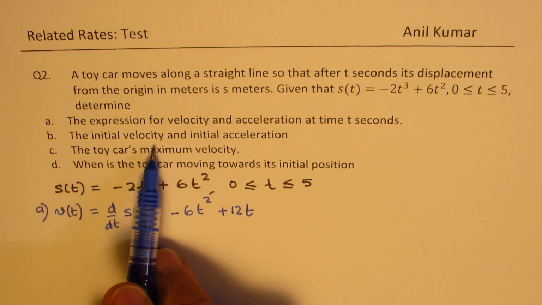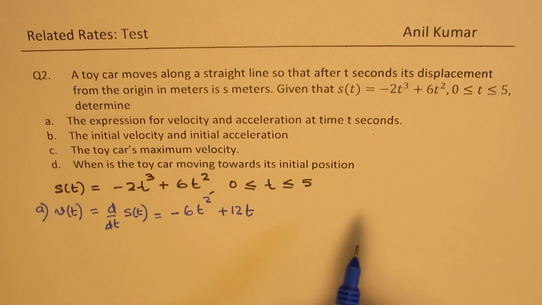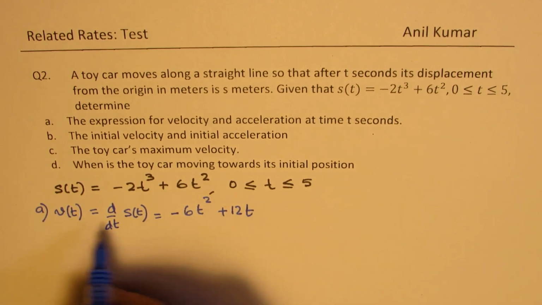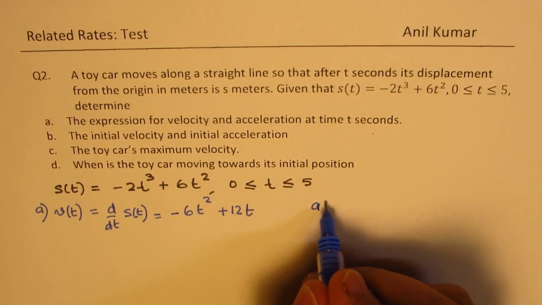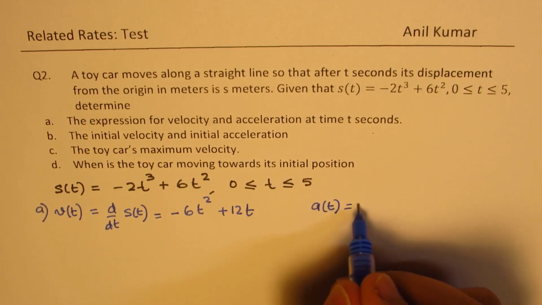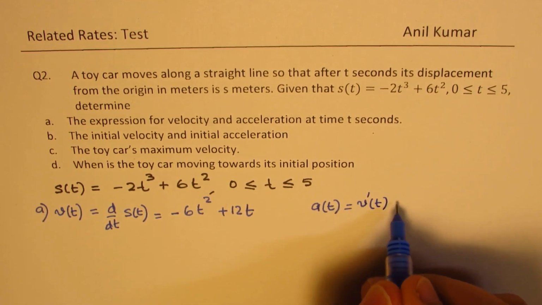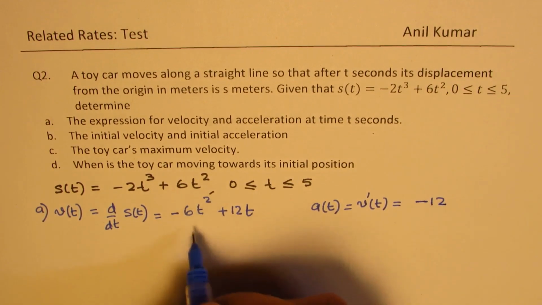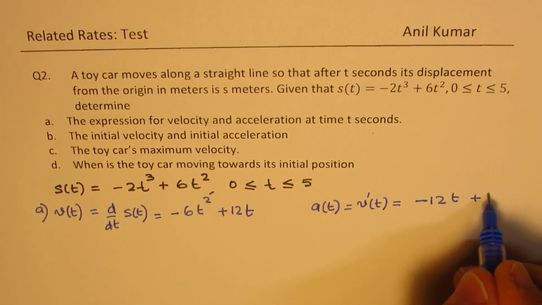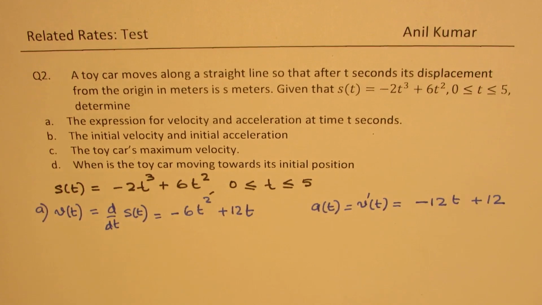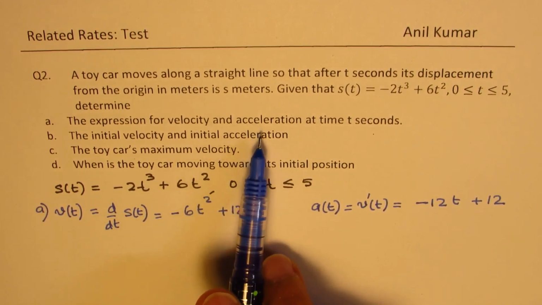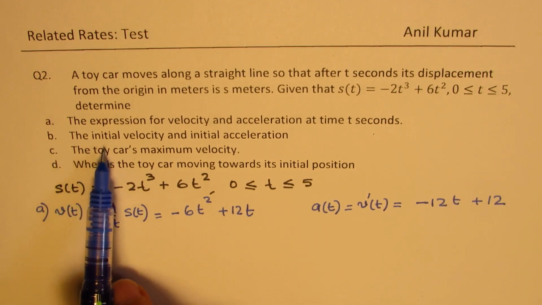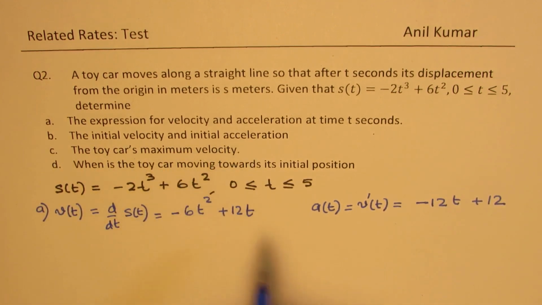Let's also find acceleration. Acceleration is the derivative of velocity. We can write this as v dash t, which is going to be minus 12t plus 12. So that becomes the expression for acceleration. Now part B is initial velocity and initial acceleration.